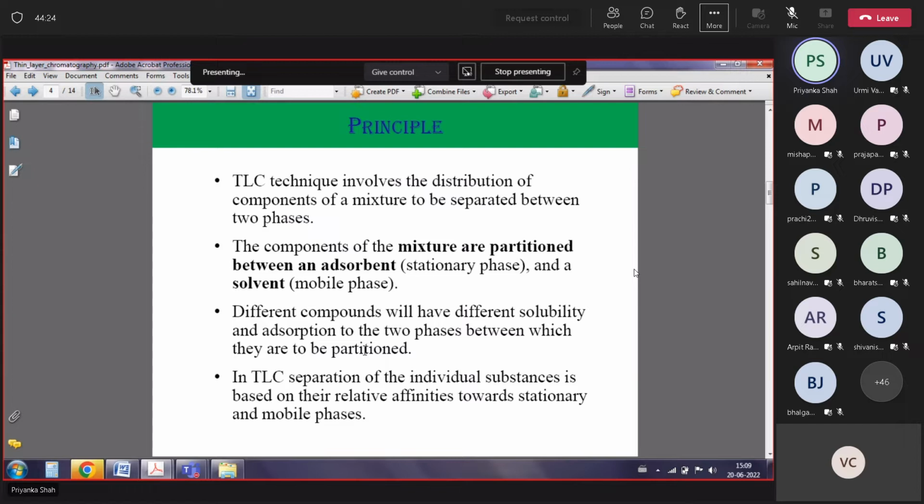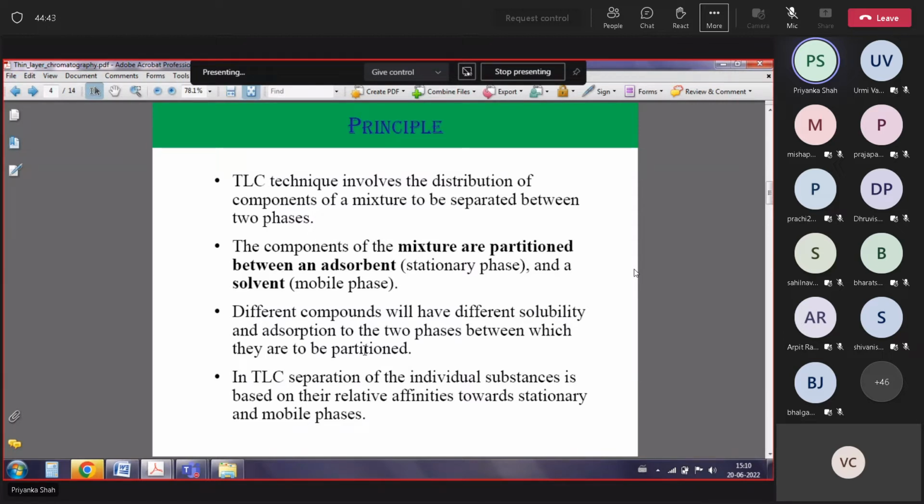The components of the mixtures are partitioned, as this is a type of liquid chromatography. So mixtures will be partitioned between the adsorbent, that is your stationary phase, and your liquid, that is your solvent or mobile phase.